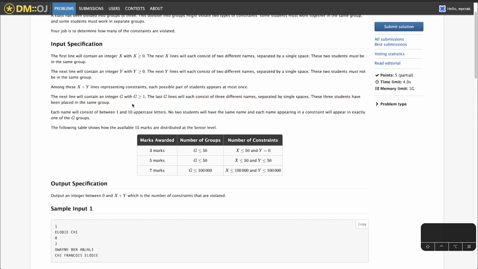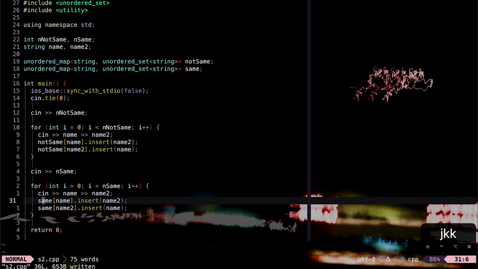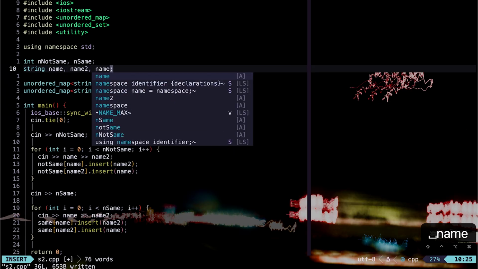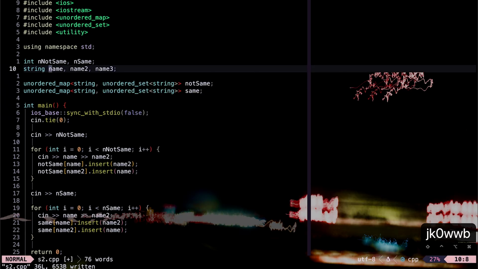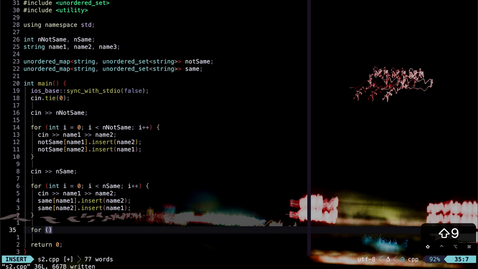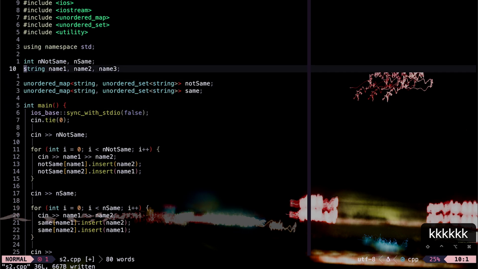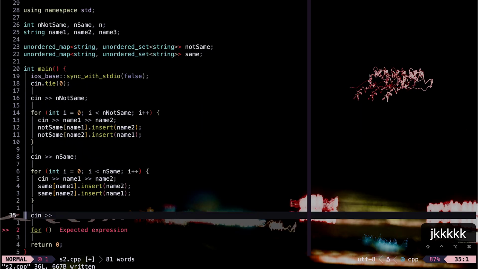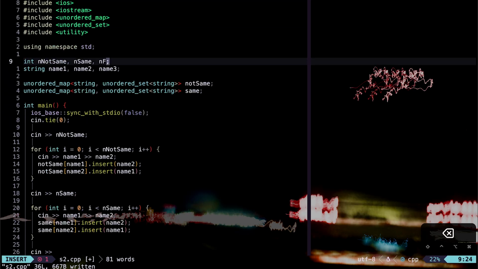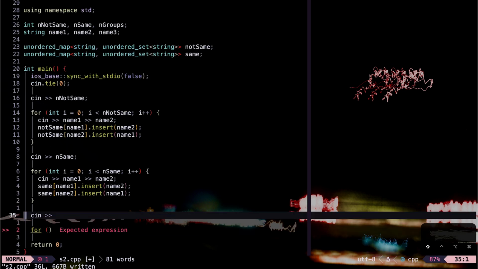And then the next line will contain different groups. This one will be name 3. Okay. Should I name this just num m or n groups?